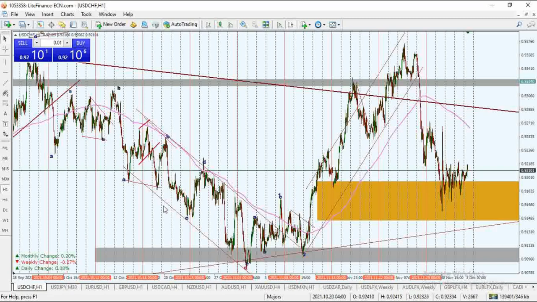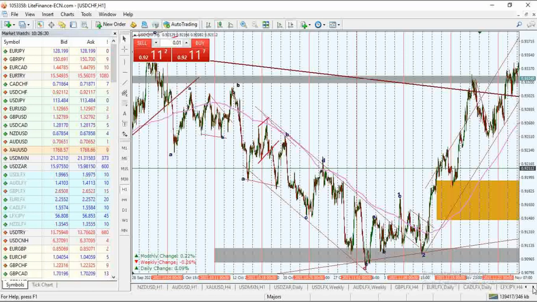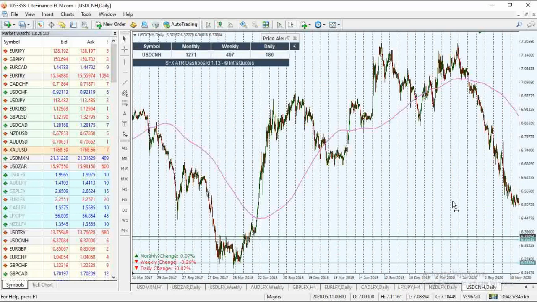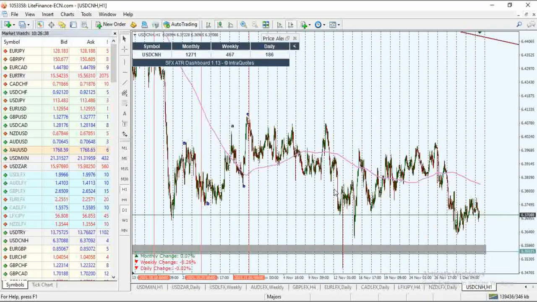Originally I have USD Chinese yuan in my chart, which I labeled before, and I was looking at it because it was one I was planning for. I could also see that we are more in a downtrend for USD Chinese yuan.